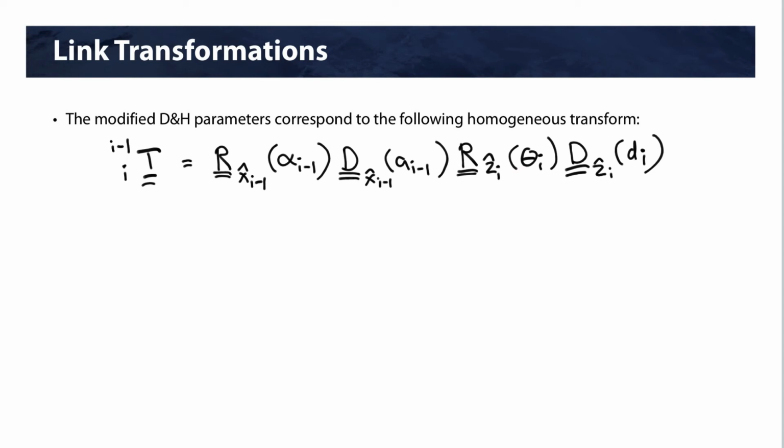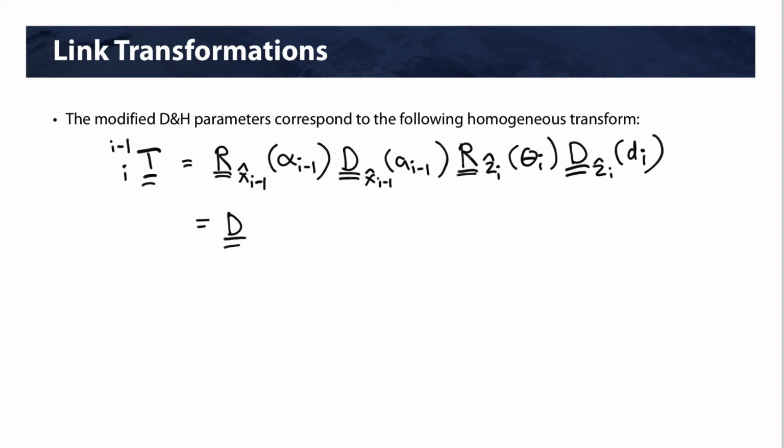Now, we can swap the order of these two, and we can swap the order of these two, but we can't just swap all of them around. It doesn't matter if we first do the rotation then displacement about Xi-1; we can displace it, then rotate it. It doesn't change anything. Likewise, we can do the rotation about Zi, then the translation, or the translation and then the rotation. So we can write this out again just to show you.